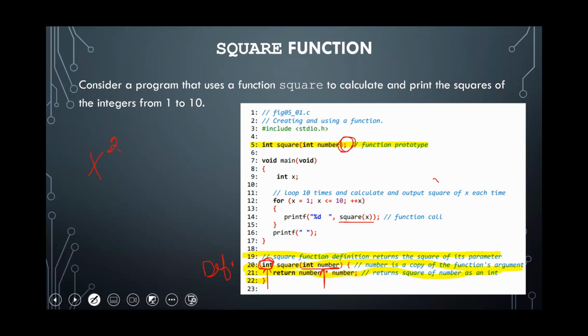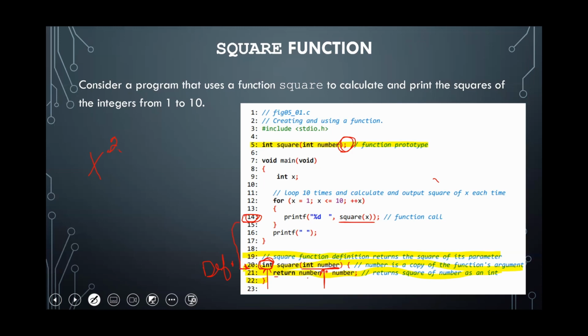Now, when I look back up in the main, line 14 here, that is the caller, and it is invoking or calling the function on line 20. Okay, so when it gets to the portion where it says square, it comes down to find where that is.